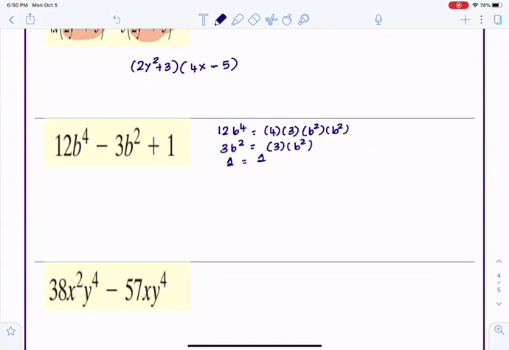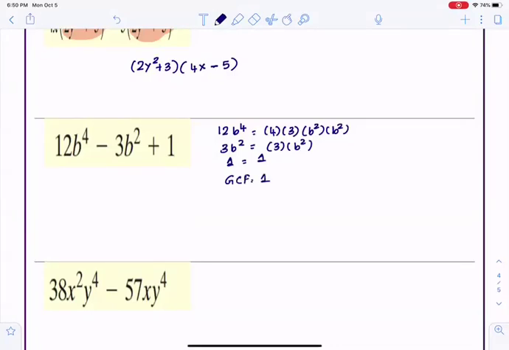And if I look at those individual monomials and I don't see anything in common, the only factor that is common amongst those 3 terms is 1. So the greatest common factor is 1.